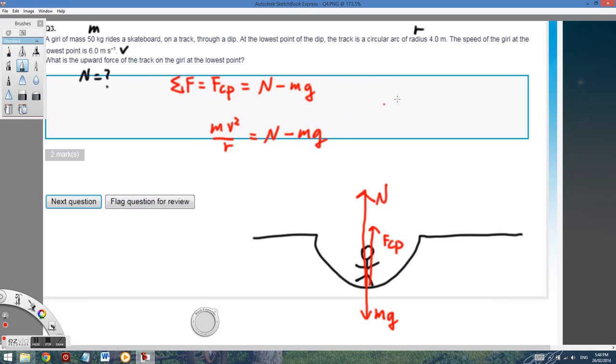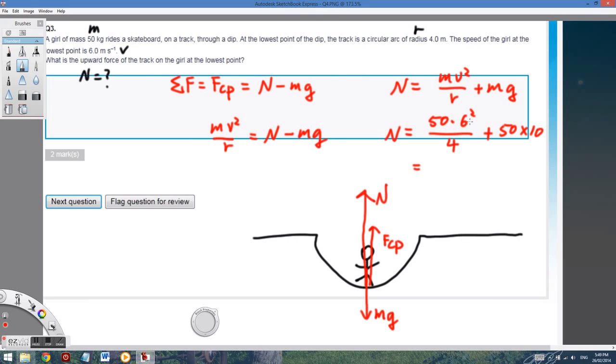Rearrange the equation. My normal force will be mv squared divided by the radius plus mg. Put down the values: 50 times 6 squared divided by 4, plus 50 times 10.